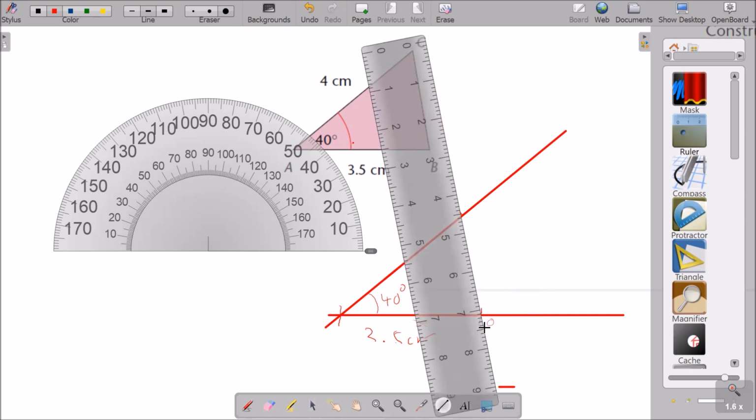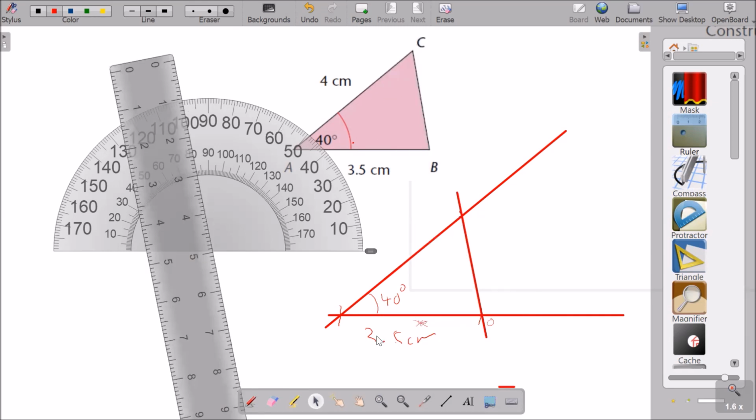I can join those 2 points. That is the construction of this. Now this line from here, A, B, is 3.5 centimeters. A, C is 4 centimeters, and the included angle is 40 degrees.